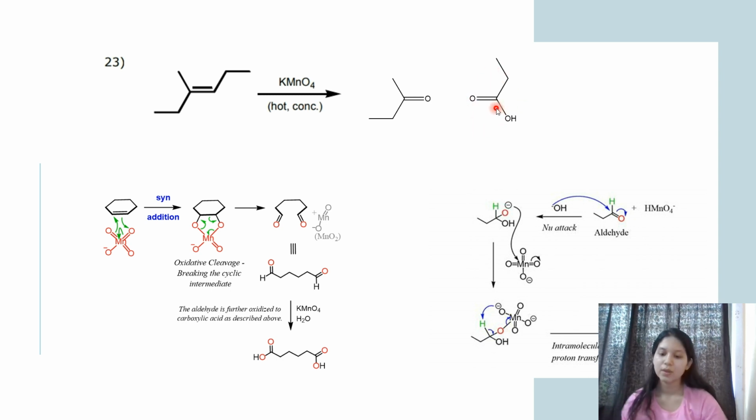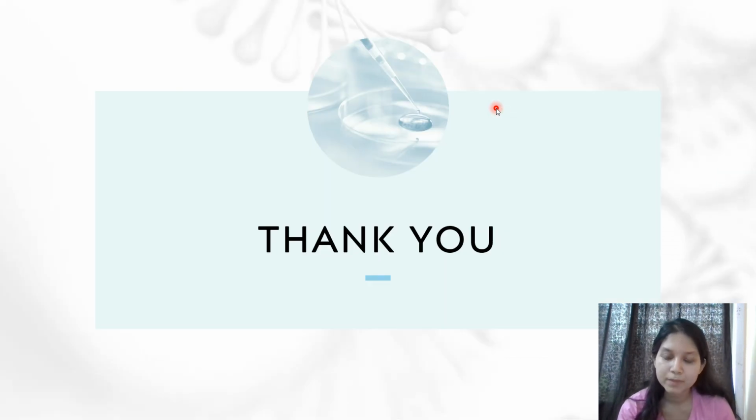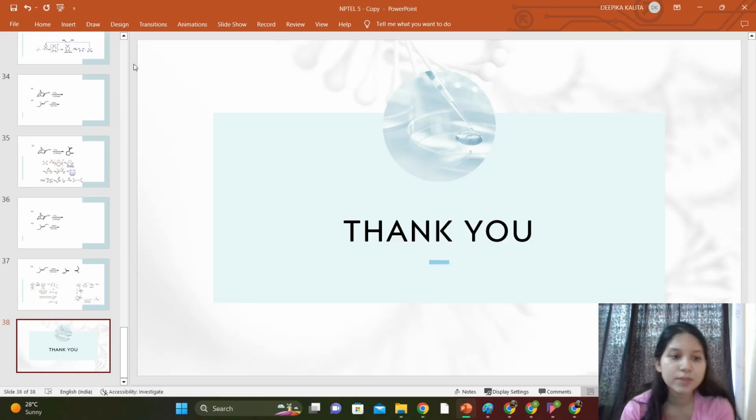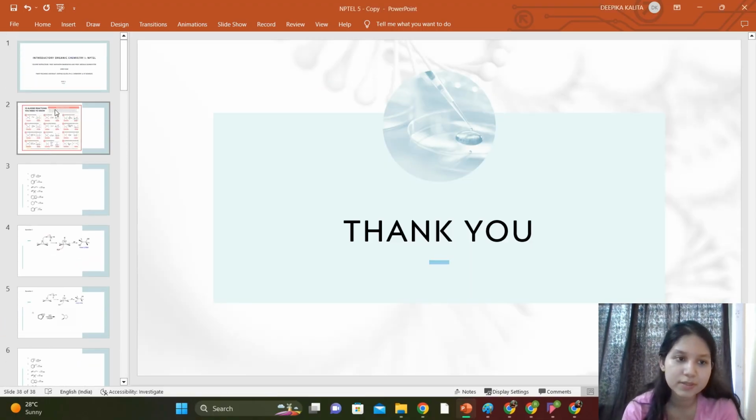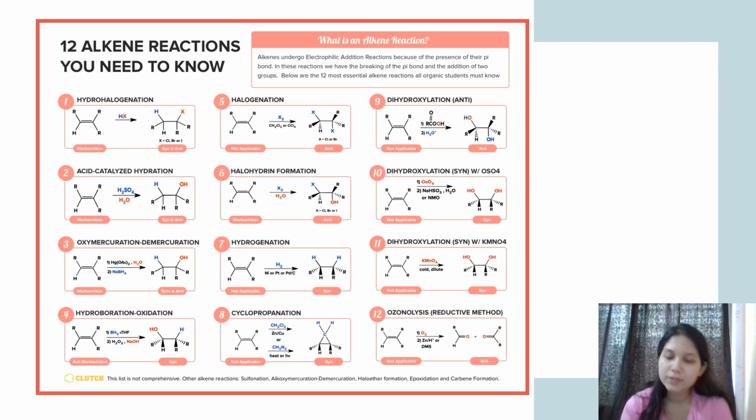Okay, so with this we have come to the last question of the session. Let us go through the questions again, whatever we have discussed today. First, we quickly went through the various kinds of reactions that an alkene undergoes.